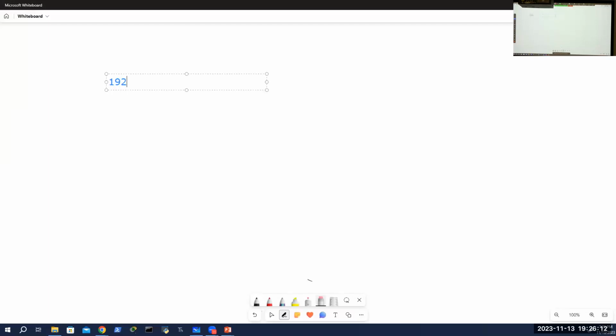So let's say our address is that, and we need 16 subnets. That's how we're going to approach this problem: the number of subnets needed.